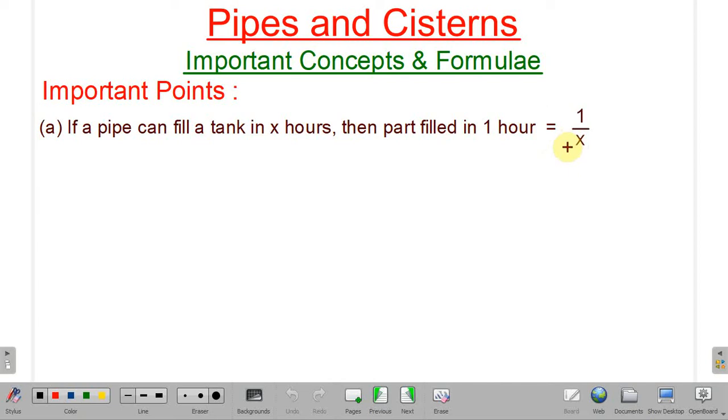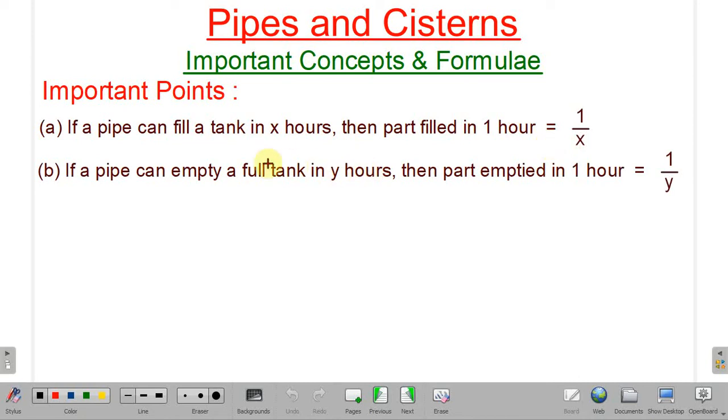So in 1 hour, how much part will be filled? So 1 by 2, okay, means half of the tank will be filled in 1 hour. Similarly, if a pipe can empty a full tank in Y hours, then the part emptied in 1 hour will be equal to 1 by Y. Okay.